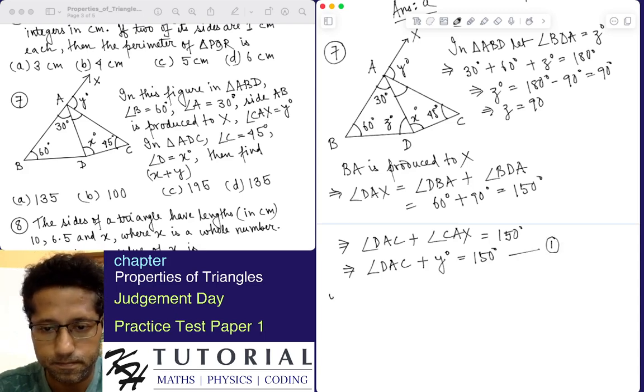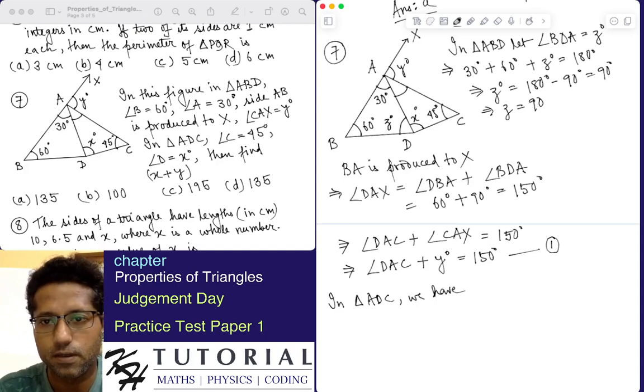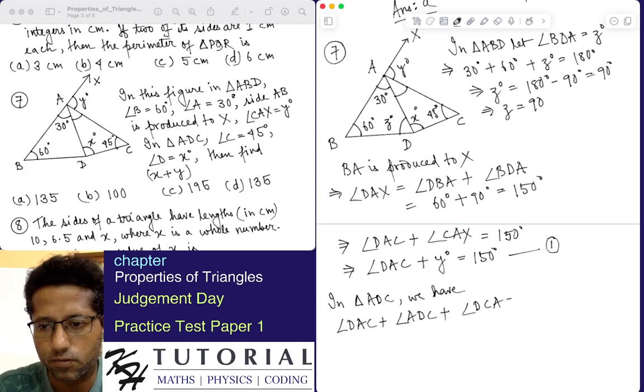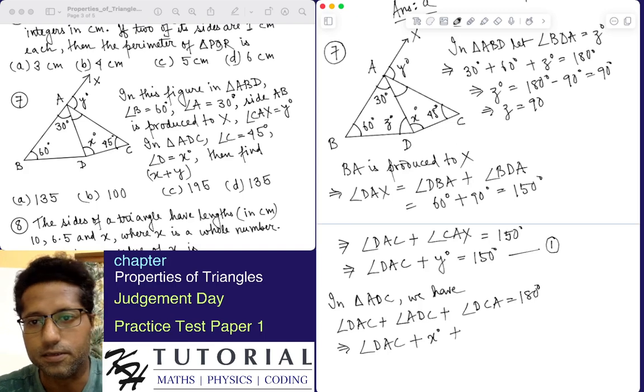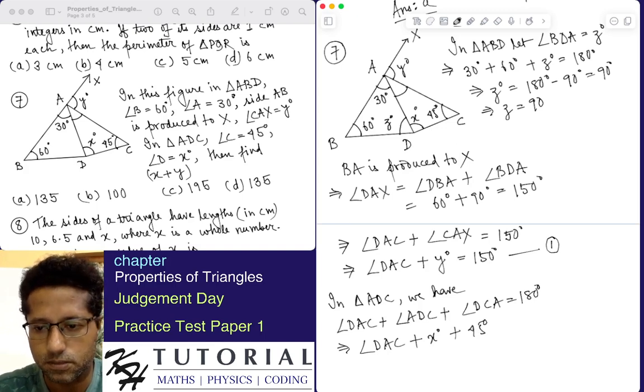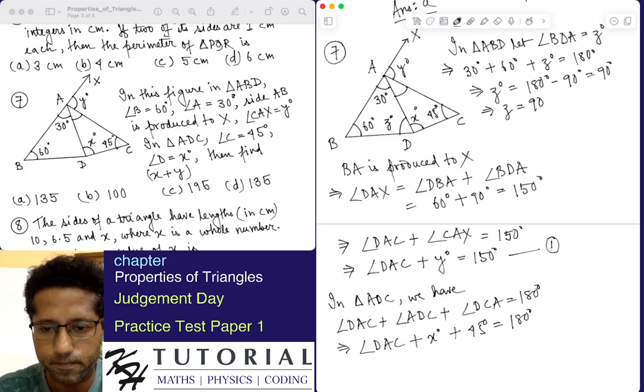Also in triangle ADC, the sum of all the angles is 180 degree. So angle DAC plus angle ADC plus angle DCA equals 180 degree. Angle ADC is X degree, angle DCA is 45 degree.